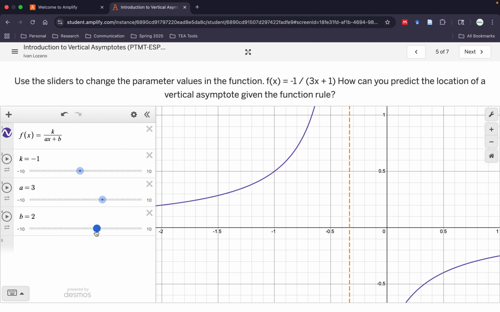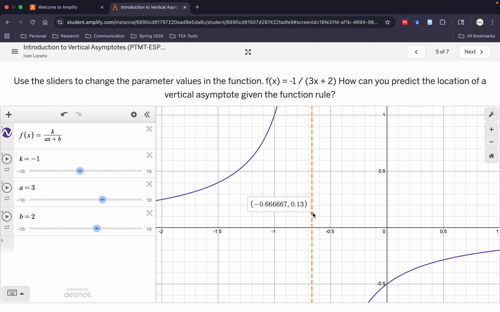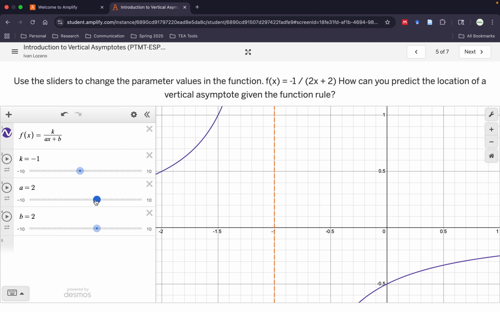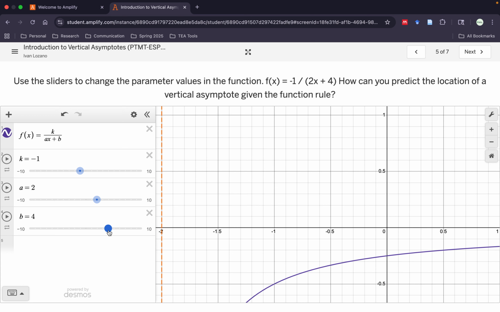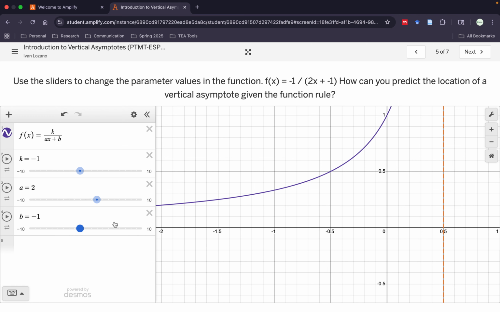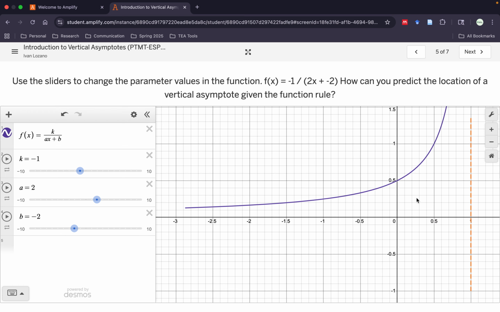So what happens if you make it 2? 0.66666. They'll say, oh, that's 2/3. What happens if we do -1? A half. What do we do? 2.